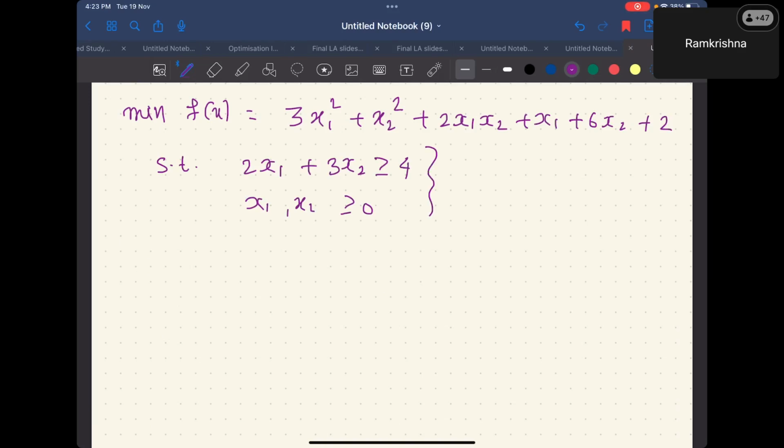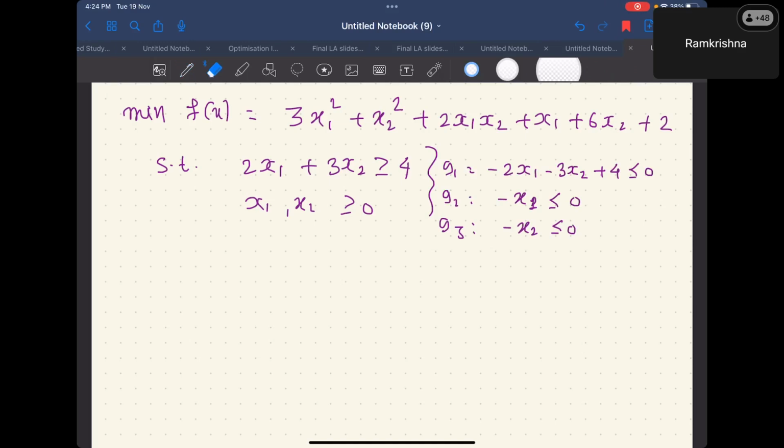I can rewrite this as inequality constraints: g1 is minus twice x1 minus 3 x2 plus 4 is less than or equal to 0. G2 is such that minus x1 is less than or equal to 0. G3 is such that minus x2 is less than or equal to 0.